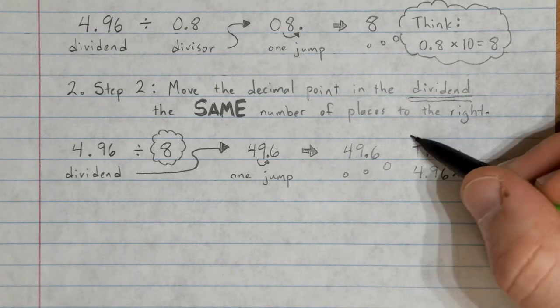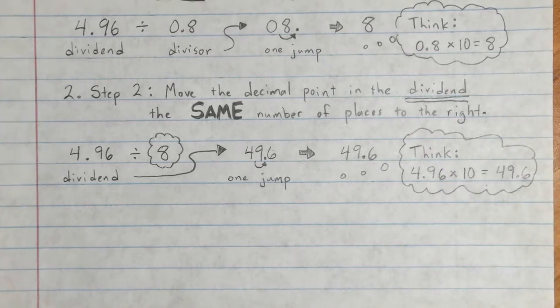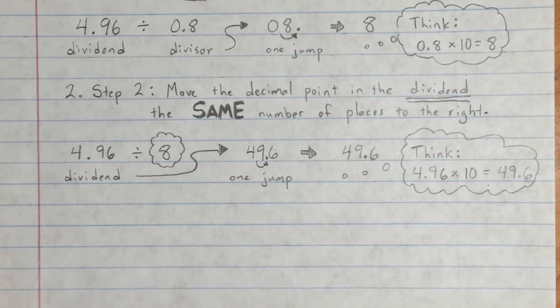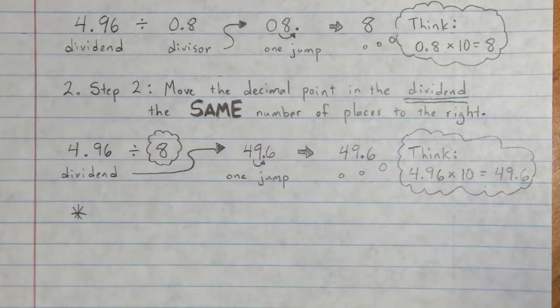Okay. So now I have transformed my divisor. I used that to help transform my dividend. And this is key right here.